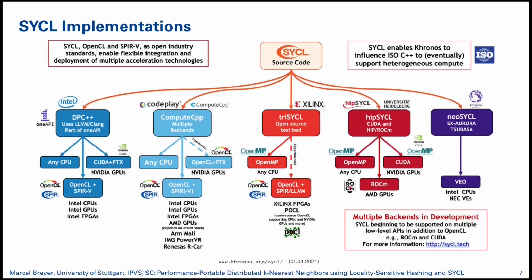Additionally, recently it also introduced support for Intel GPUs using OpenCL and Intel's Level 0. The newest SYCL implementation is neoSYCL, developed at the University of Tohoku. It supports Intel CPUs and special NEC vector units.